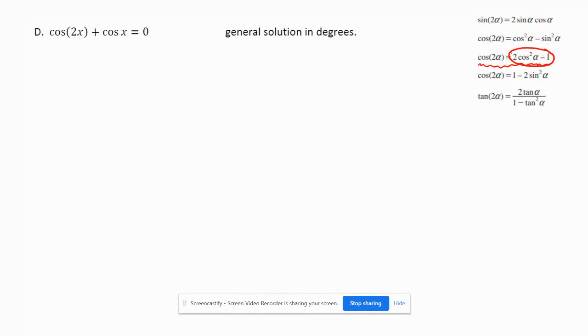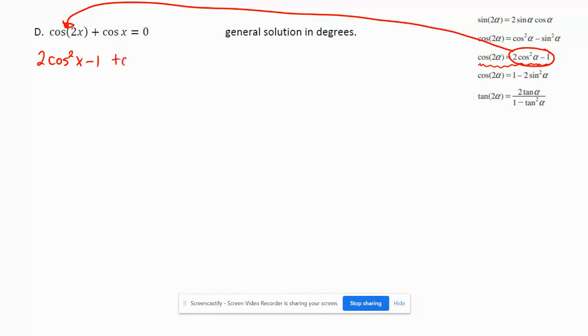And we're going to use this replacement here. So this gives us 2 cos squared x minus 1 plus cosine of x equals 0. I'm just going to rewrite this one right here because I think it's easier to factor this way. I want to be able to factor this expression here.